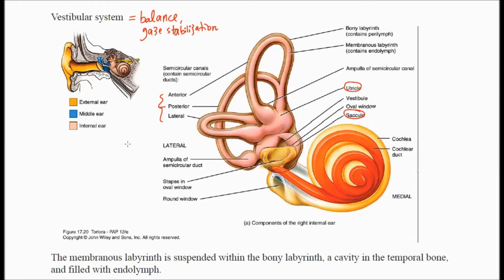The vestibular apparatus has 2 parts: the bony labyrinth and the membranous labyrinth. The bony labyrinth is a bony structure that protects the membranous labyrinth. So let's say this is the bony labyrinth and that's the membranous labyrinth.